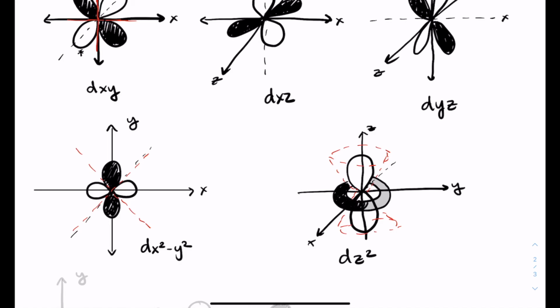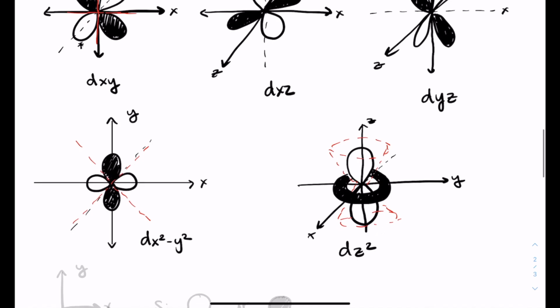And the reason that it is either the lobes or the donut is because the nodes in the dz squared orbital are conical nodes. So they're no longer planar nodes. They just happen to be little cones, which is why we get the shading pattern we do. That is all of the orbitals on an axis system.